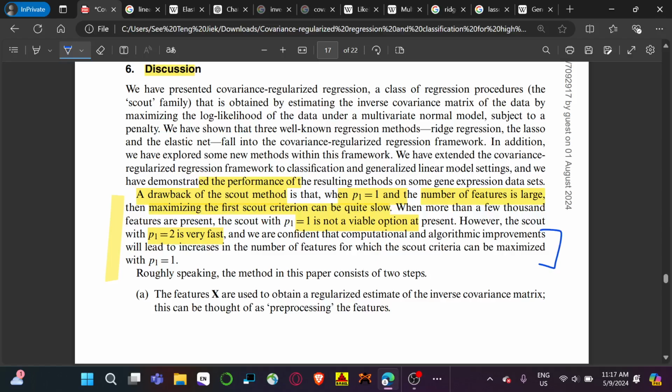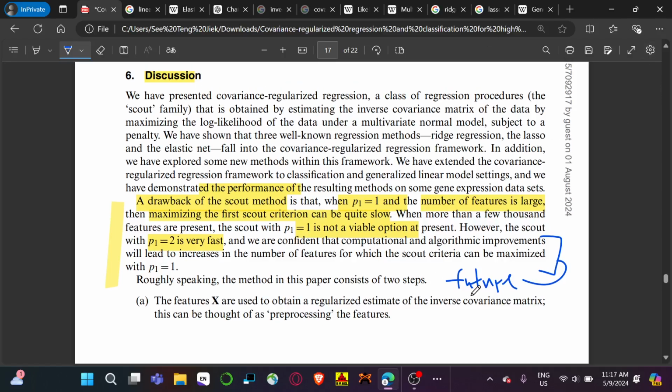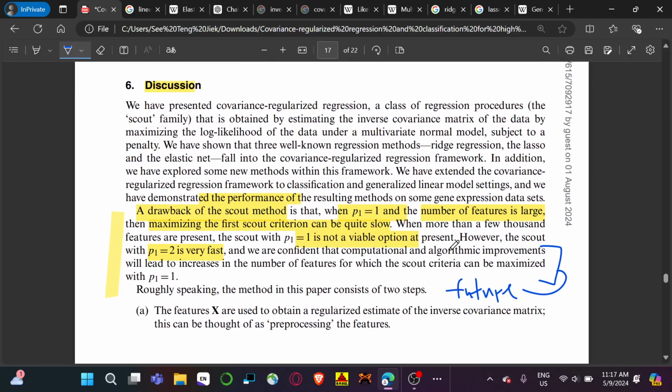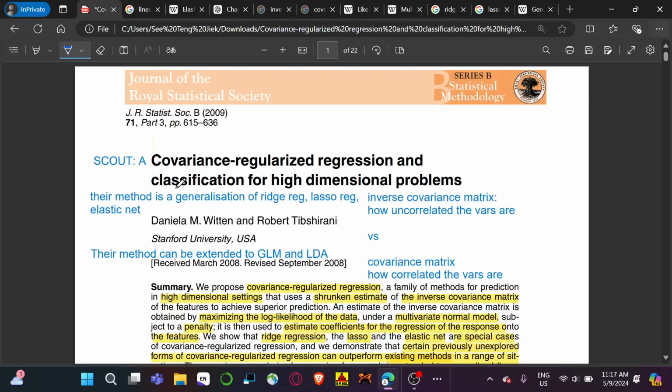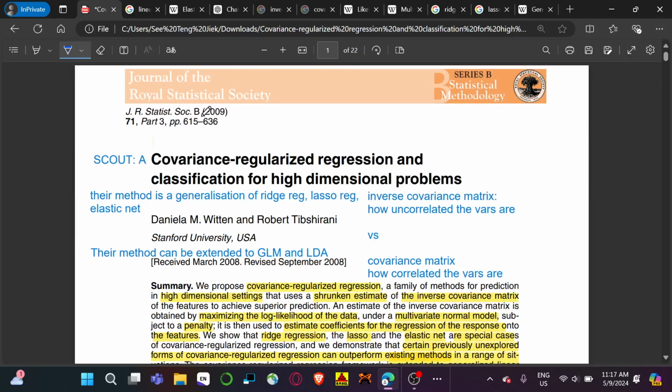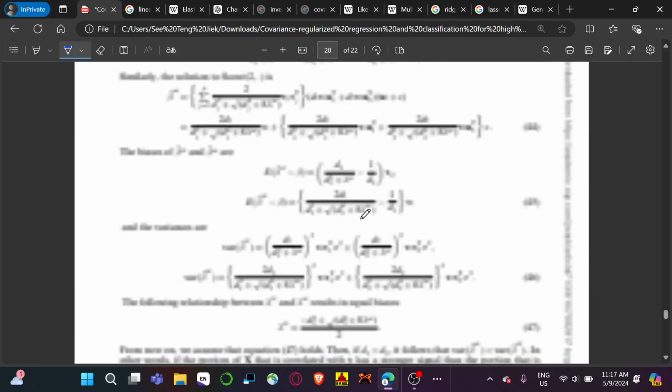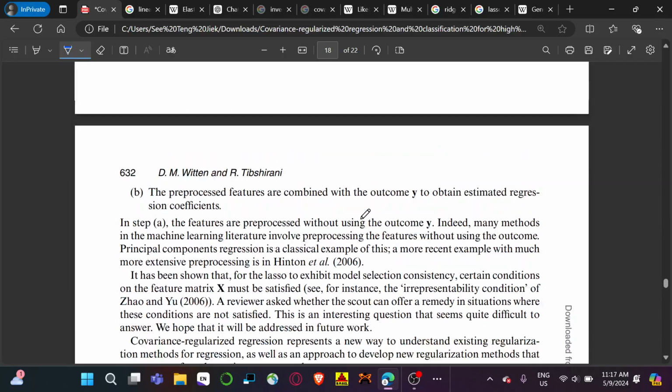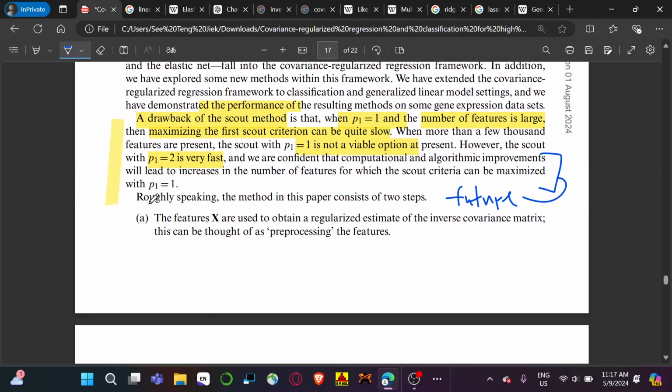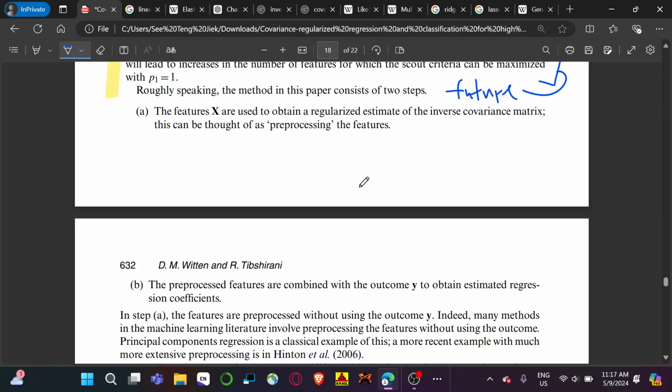Basically, it's future work, not necessarily covered in this paper. But I would also say that maybe this isn't exactly future, because this paper is from a long time ago, back in 2009. So yeah, it probably has been solved by then. But anyway, let's continue. Roughly speaking, the method in this paper consists of two steps. So they have a summary.